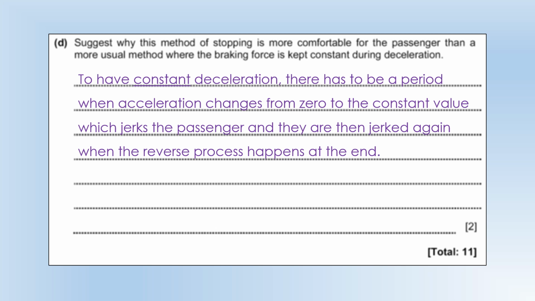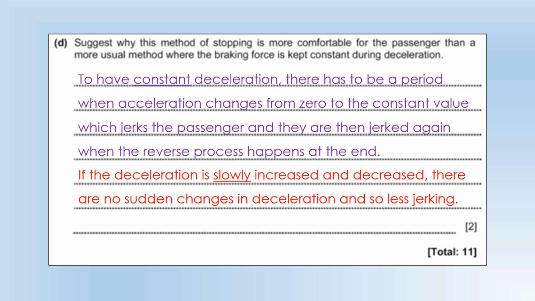So there's a very big change in the acceleration, and that's what jerks the passenger around. And then if you go from that constant value to zero, again, that's going to jerk the passenger at the end of the process. But by having deceleration slowly increase then decrease, there's no sudden change in deceleration, so the passenger experiences less jerking around.